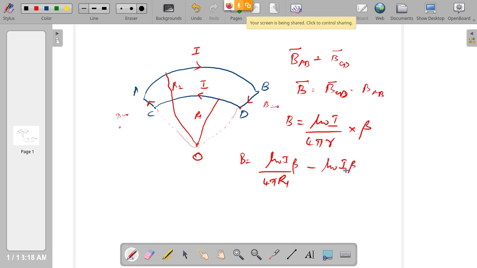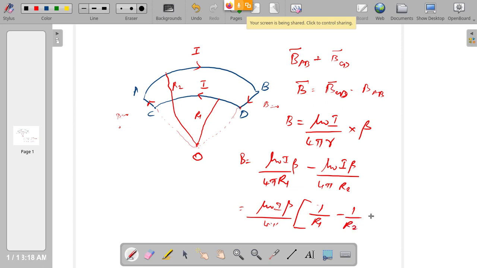Current is the same, so if you take out the common things, mu naught I beta by 4 pi, it is 1 by R1 minus 1 by R2.